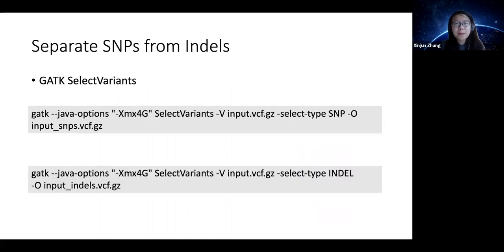Before we go through any of the specific methods, since our original VCF output includes both SNPs and indels, depending on your work, most of the time you want to have SNPs separated from the indels.